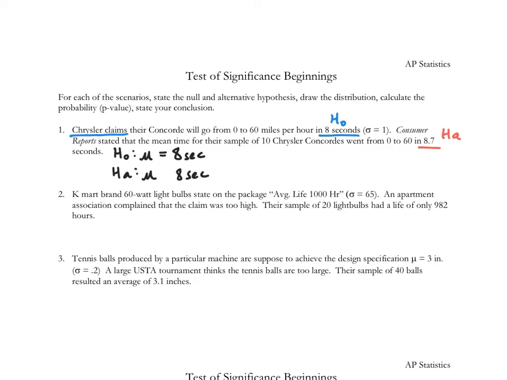In this alternate hypothesis, did they get a value bigger than 8 or less than 8? And they got a value larger than 8. Okay, so this is my null hypothesis, and this is my alternate.